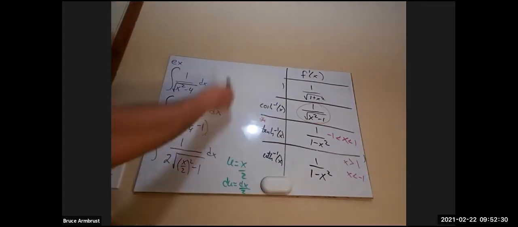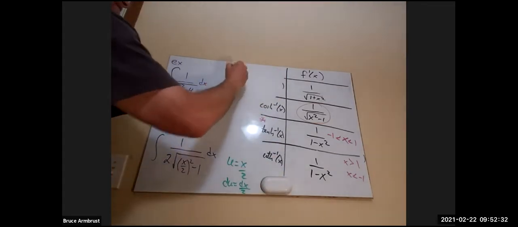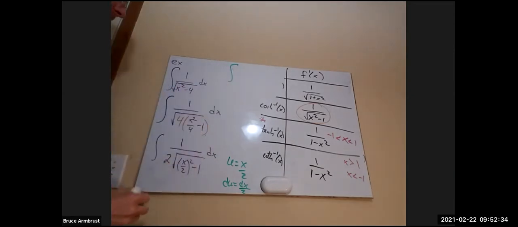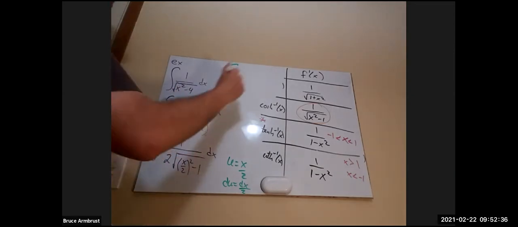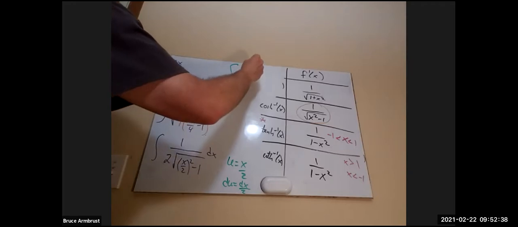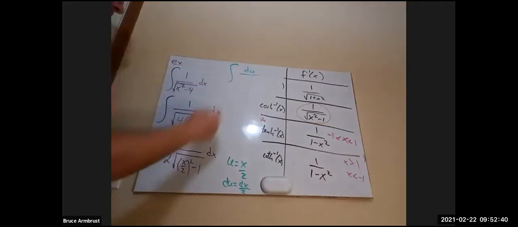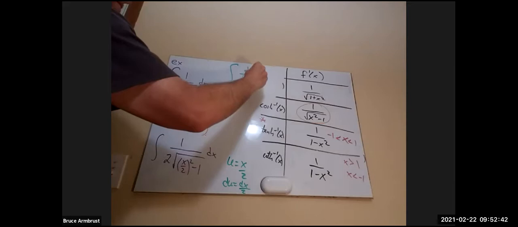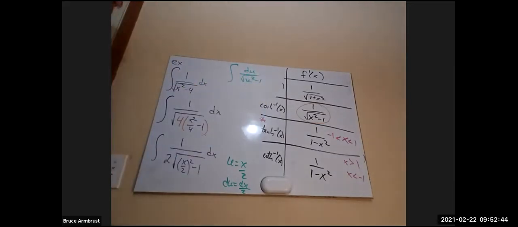So if I do that, this now becomes the integral of, well, the dx over 2 becomes a du, du over the square root of u squared minus 1. Right, x over 2 is now a u.